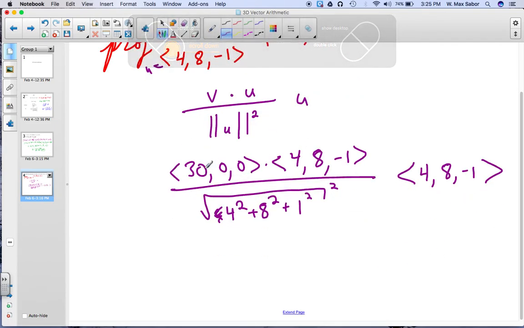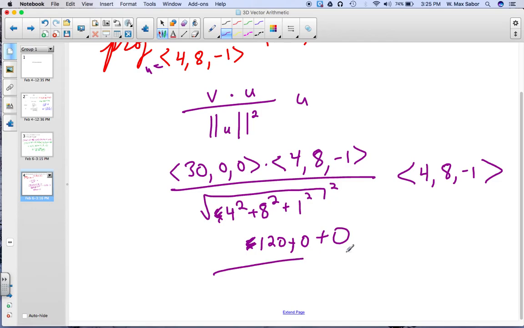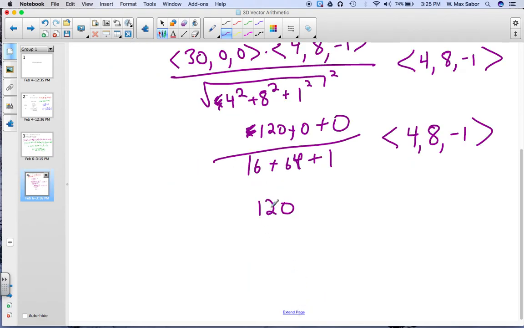So dot these together. 30 dotted with 4 is 120, plus 0, plus 0. And this has become 16 plus 64 plus 1. 4, 8, negative 1. 120 over 16 plus 64 is 80, plus 1, which is 81.